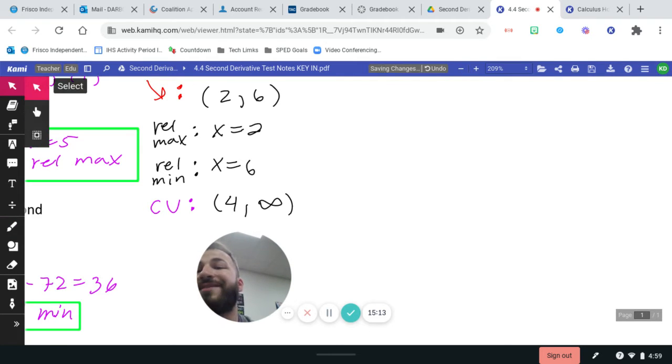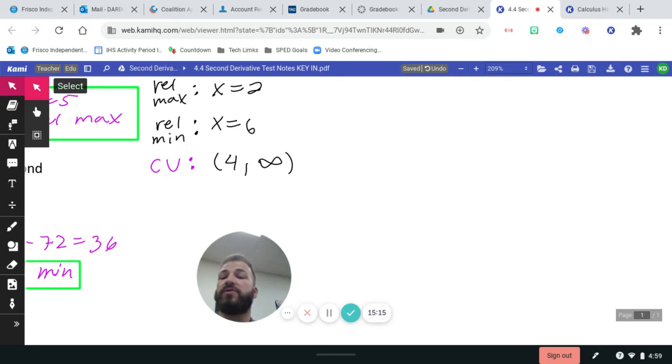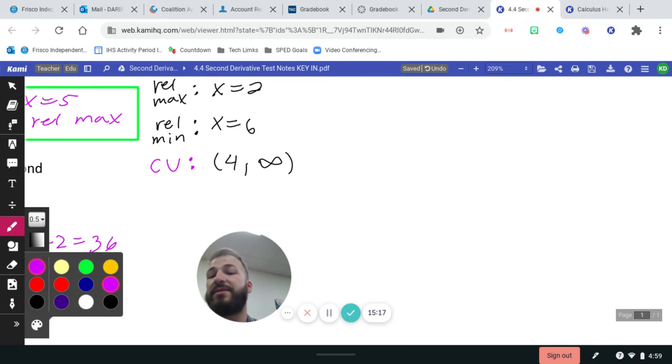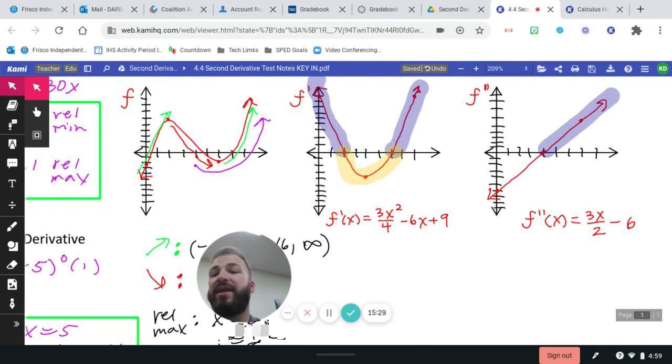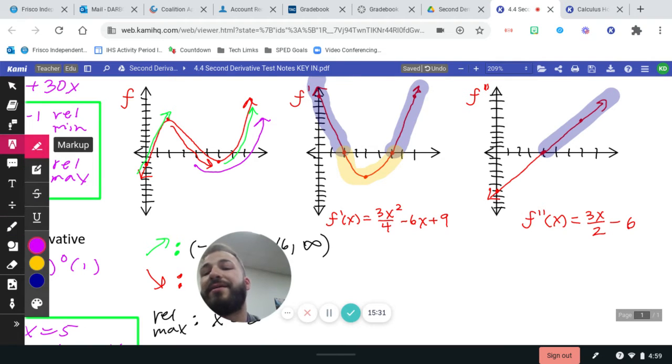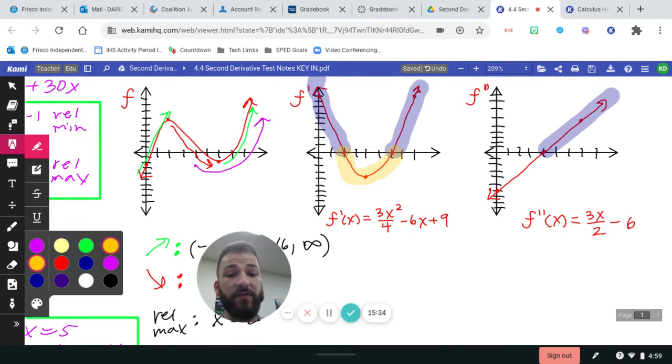Okay, now concave down on f occurs when f double prime is negative. So f double prime is negative from negative infinity until 4. Just like that.